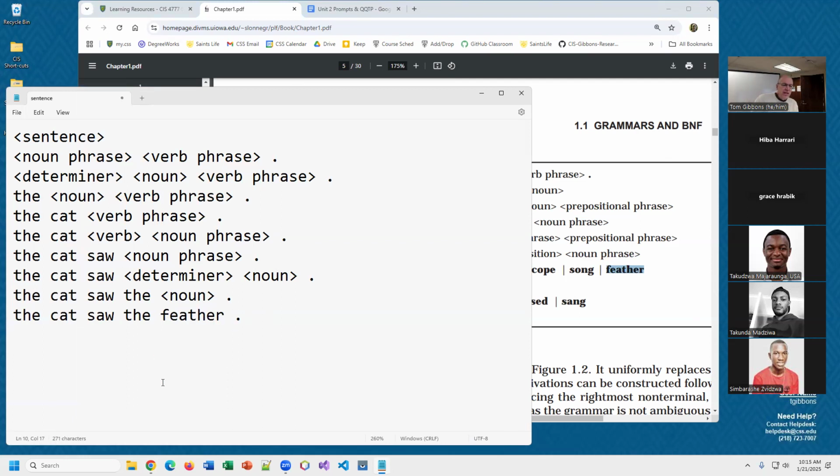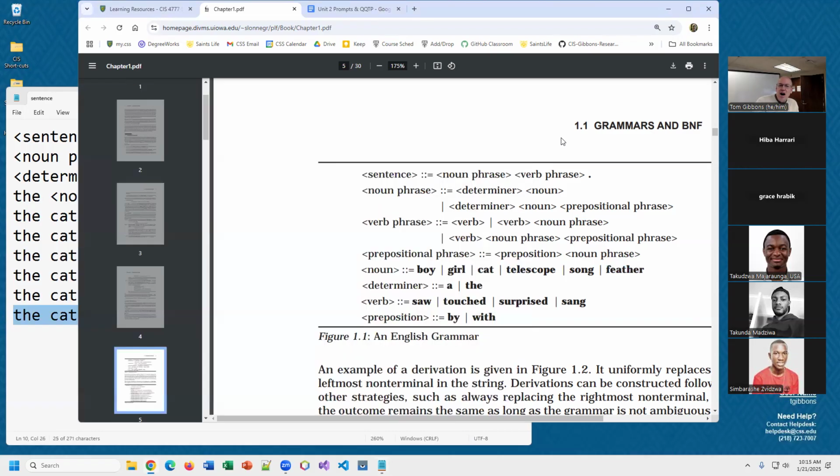So we end up with the sentence, the cat saw the feather, from this language. That's where we start with an object and keep going until we have all terminal items.